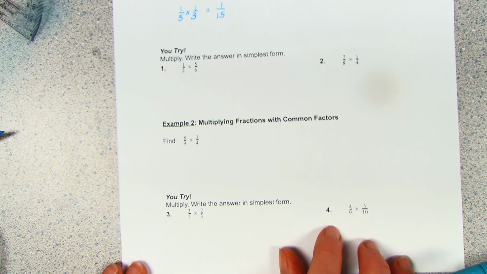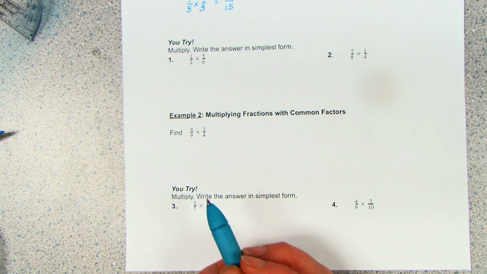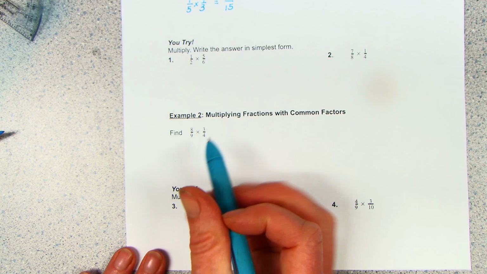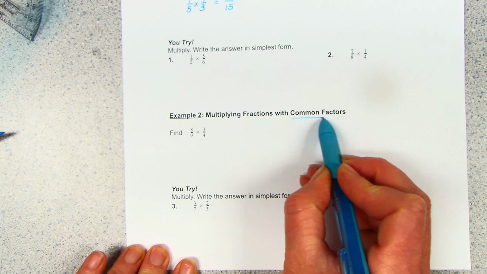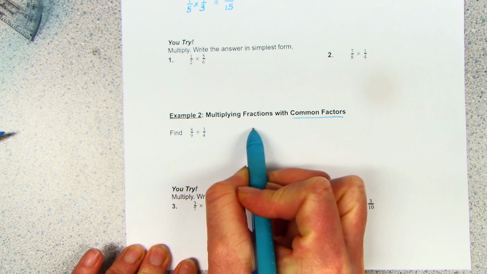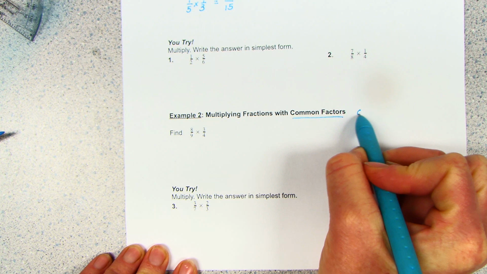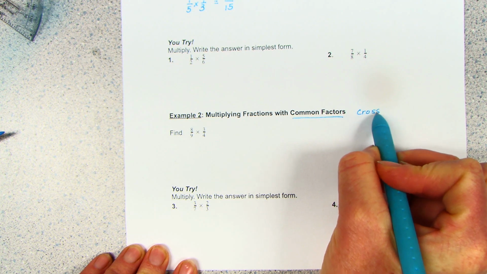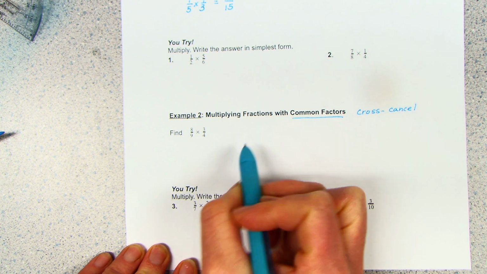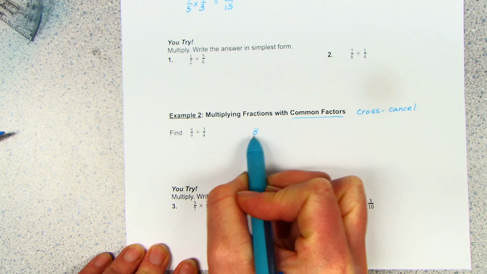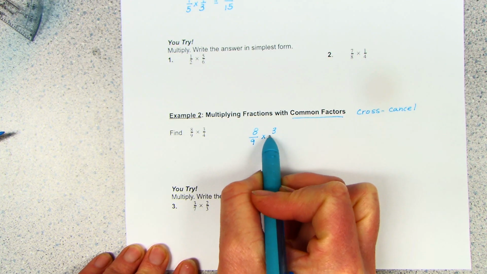In example 2, this is a great trick which some people know how to do and some people don't. We are going to look at fractions that have common factors, and we're going to cross cancel them. Cross cancel. Right? So 8/9 times 3/4.